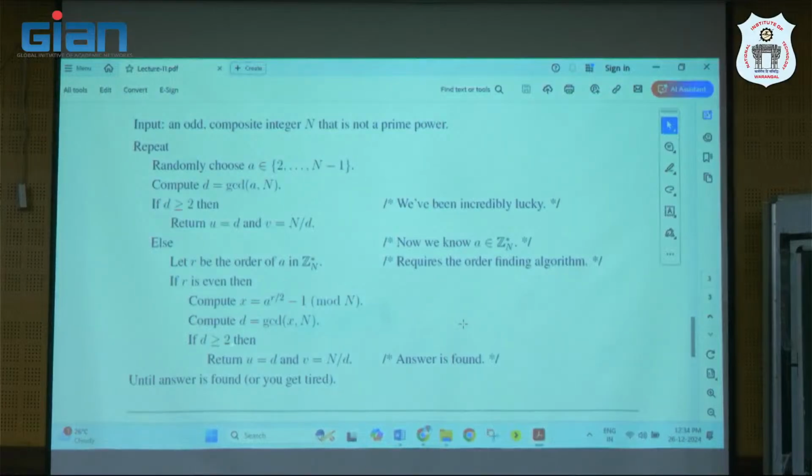You compute X. Again take the GCD of X and N. If D turns out to be greater than or equal to 2, then again you are done, because D divides N. So you have found a factor of N. And if you have not succeeded here or here, then you repeat. That means you randomly choose another A, repeat.